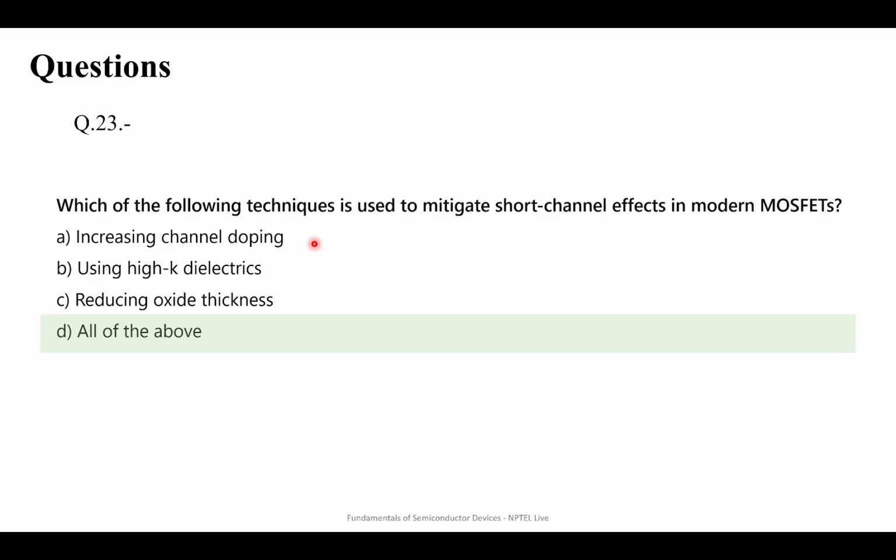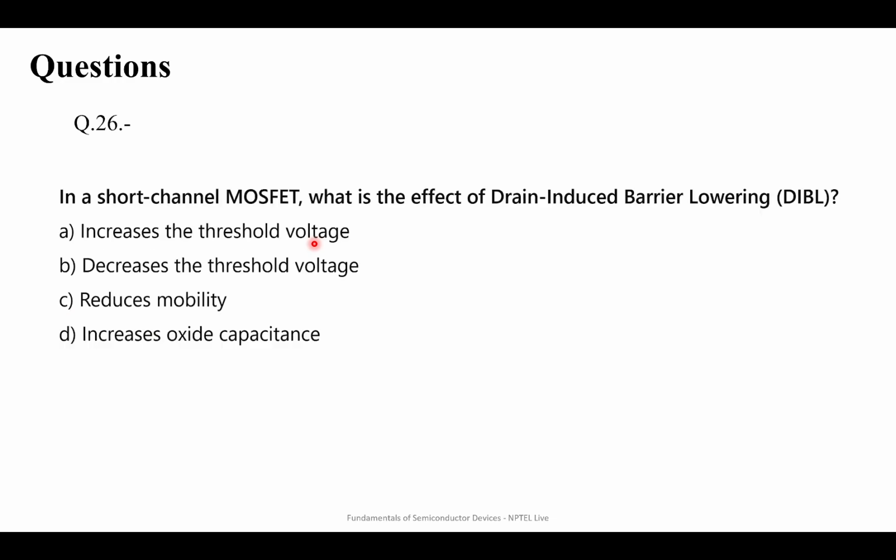How does it happen? Sir, I think the question is how we can reduce the short channel effect using high K dielectric. Yeah, so that's the next, that is another question that I have here.